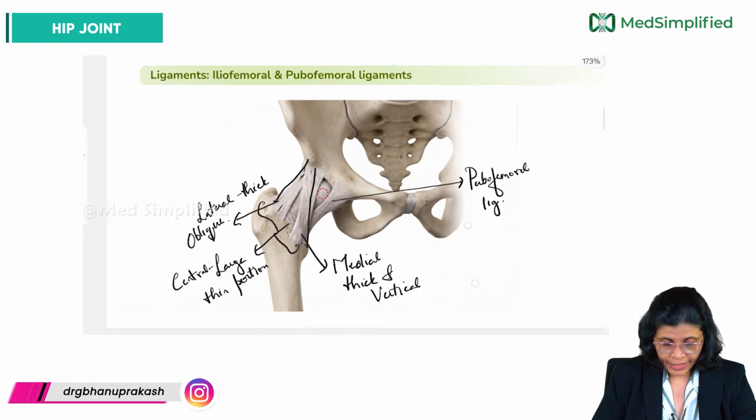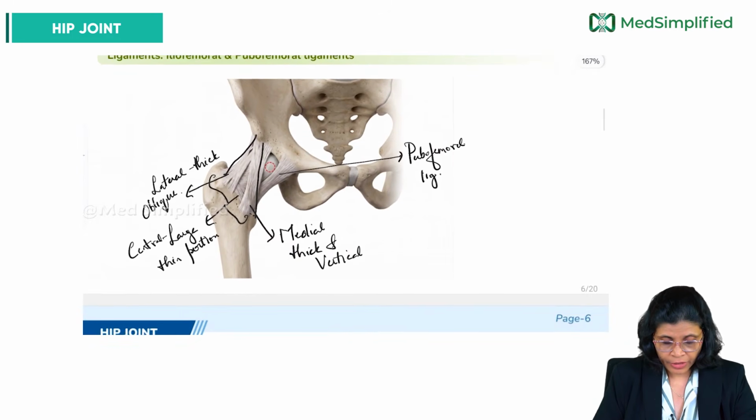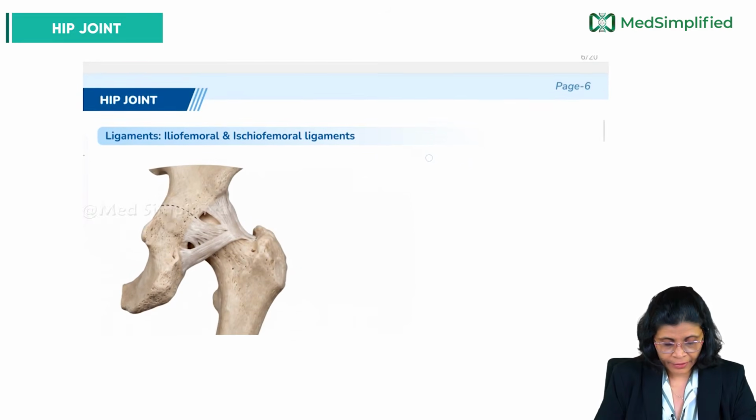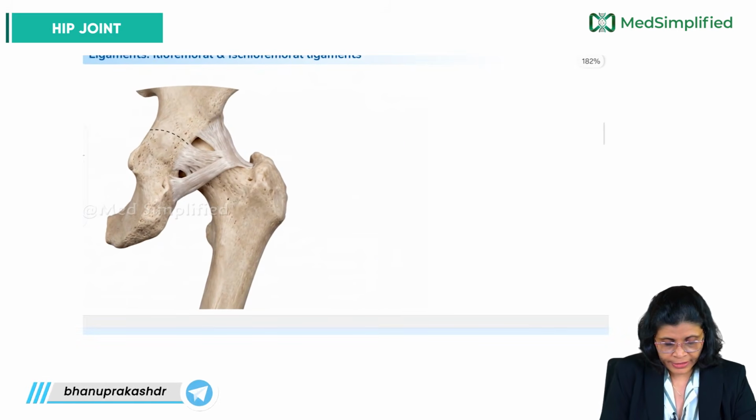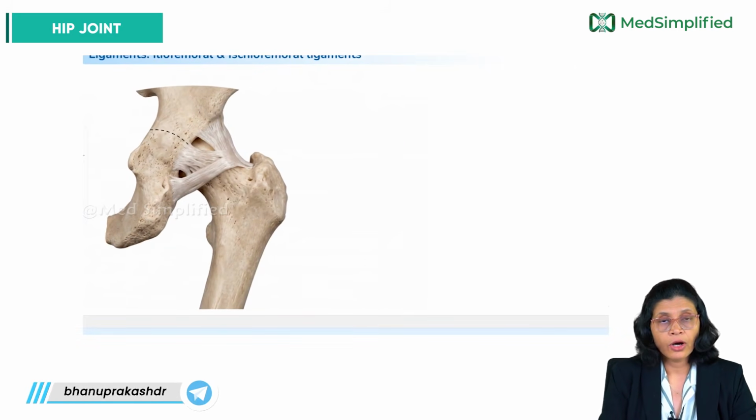Then, coming to the next ligaments after iliofemoral and pubofemoral, we have the ischiofemoral ligament, coming from the ischium. Here we can also see the oblique fibers of the iliofemoral ligament behind.